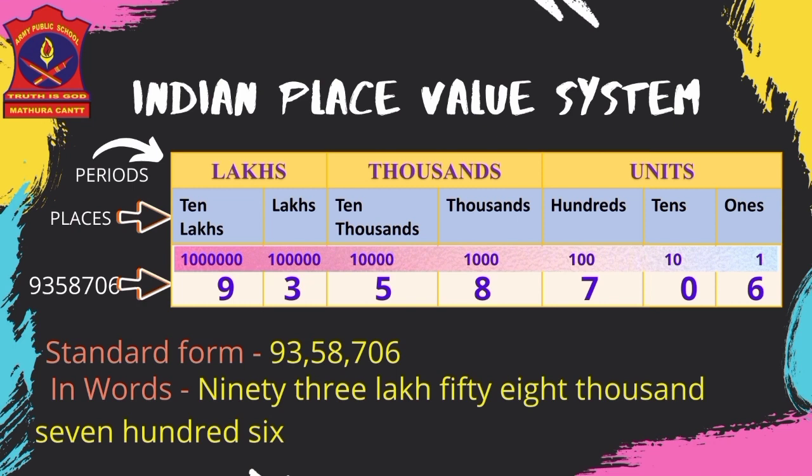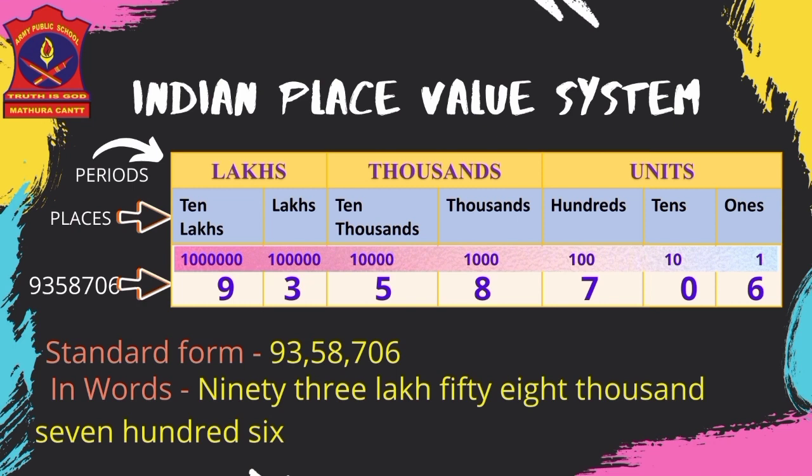Now here we have taken one example. This is 93,58,706 and we have put all the digits of this number in their respective place values. So the number in the standard form can be written as shown, putting commas, separating the periods, and in words just follow the tip: write as you read.